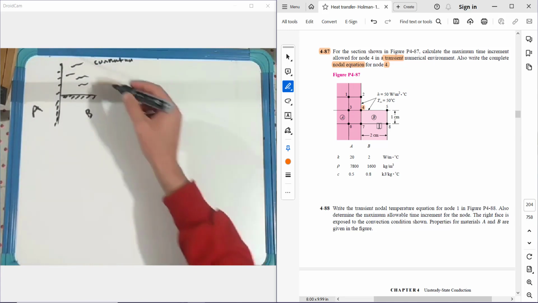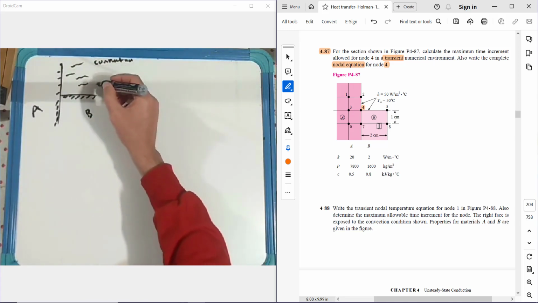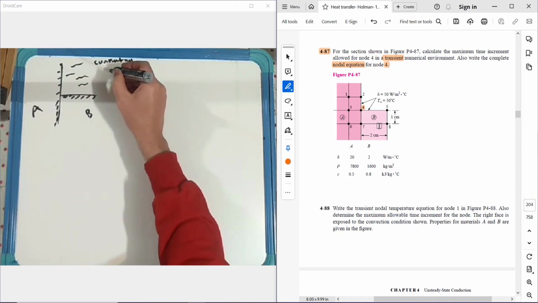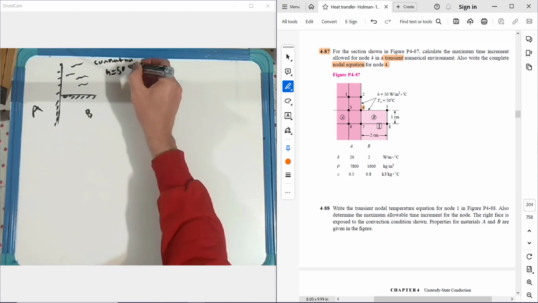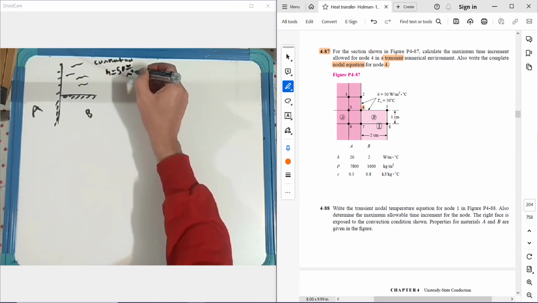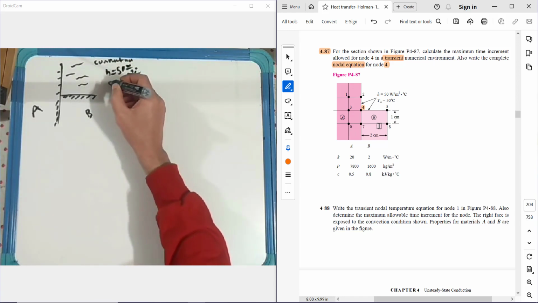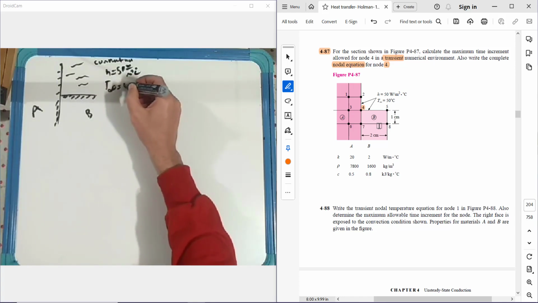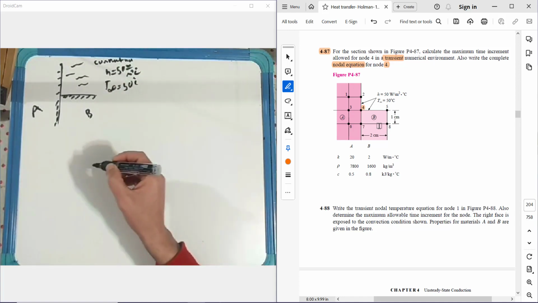A and B are solid, but here is convective fluid. h is 50 watts per meter squared Kelvin, and T infinity is 50 degrees Celsius.